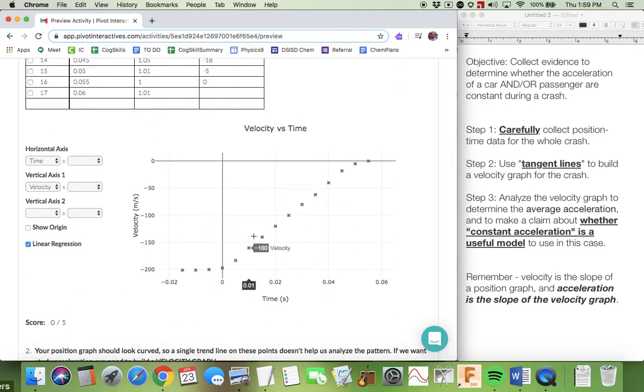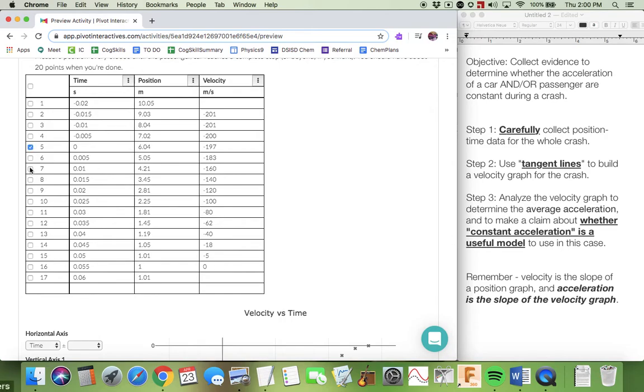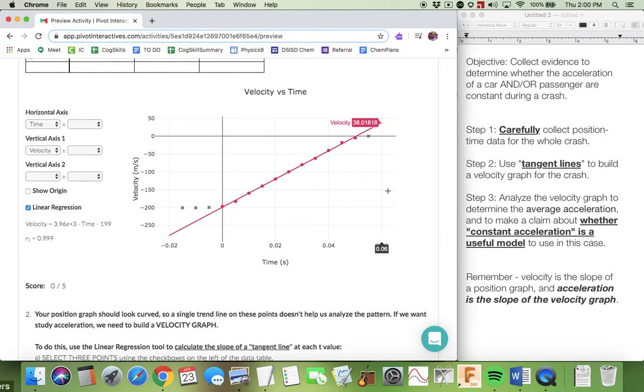For this section here, I'm gonna turn on some of these points. It looks like this could be pretty constant slope. Remember, acceleration is the slope of a velocity graph. If the slope is constant, that means constant acceleration. So this value tells me the acceleration.